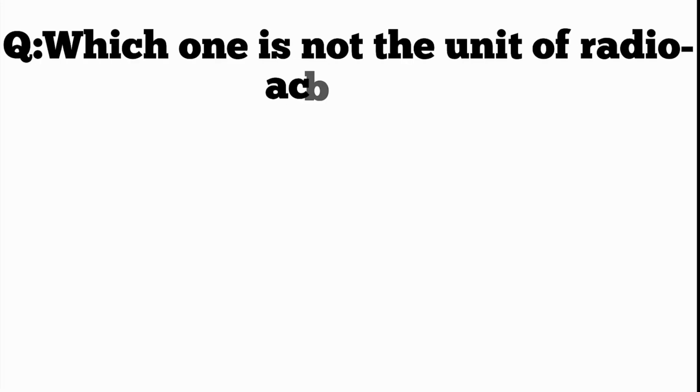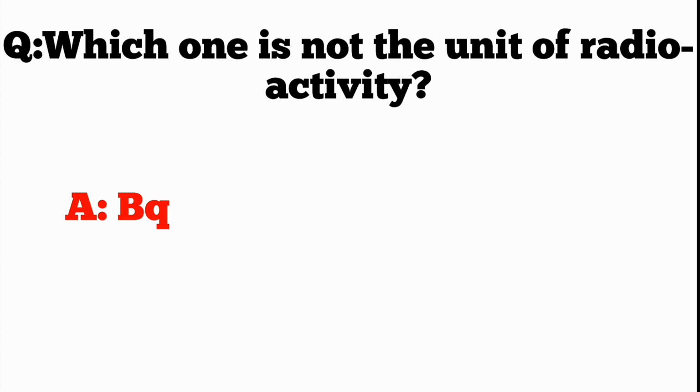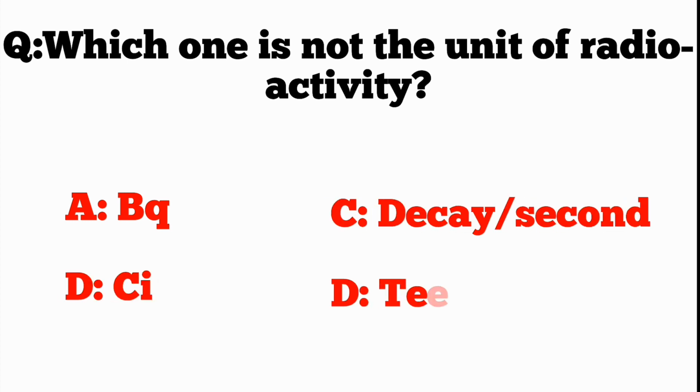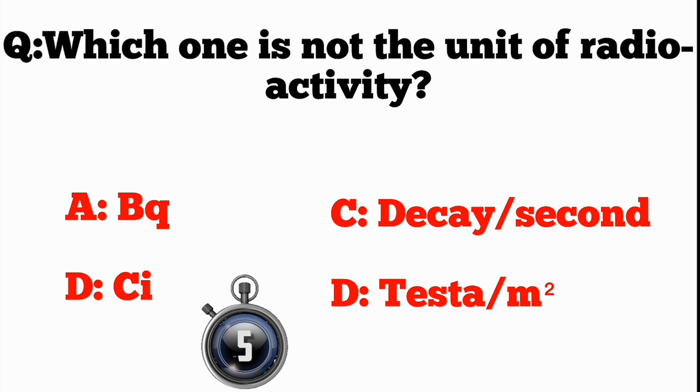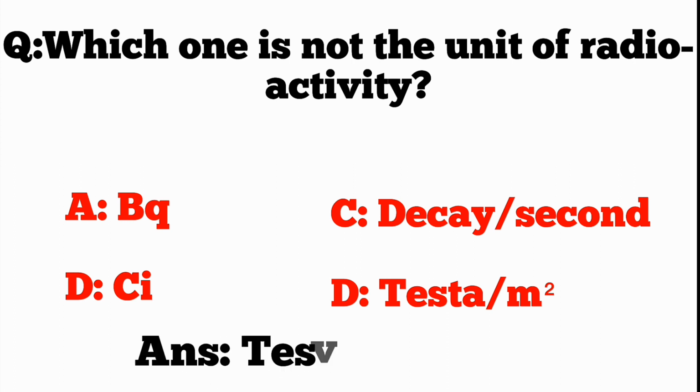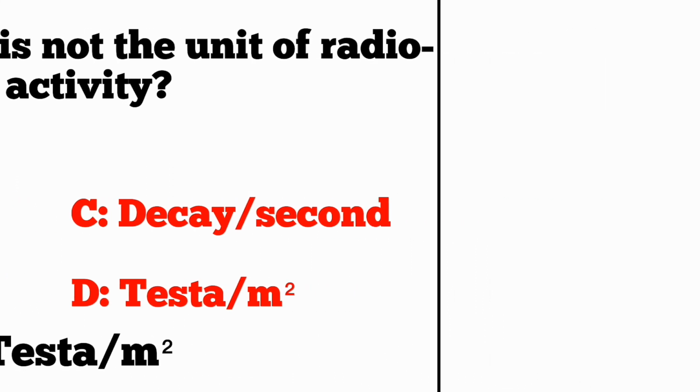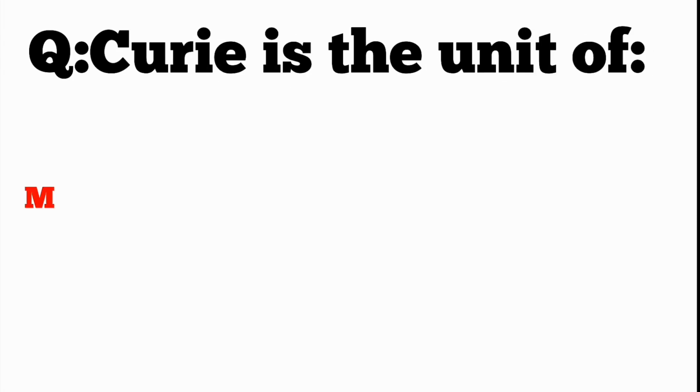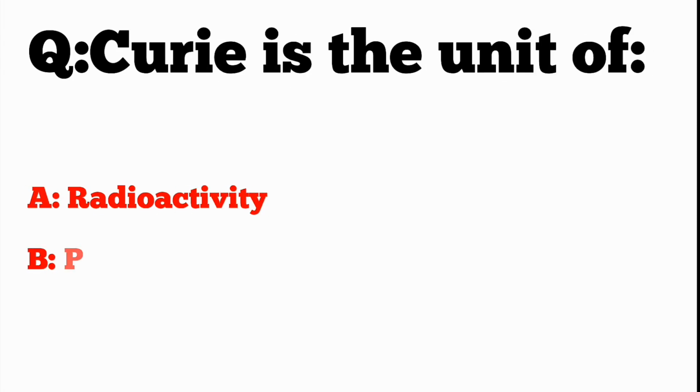Q. Which one is not the unit of radioactivity? A. Bq. B. Ci. C. Decay per second. D. Tesla meter. Answer: Tesla meter. Q. Curie is the unit of: A. Radioactivity. B. Temperature. C. Half-life.